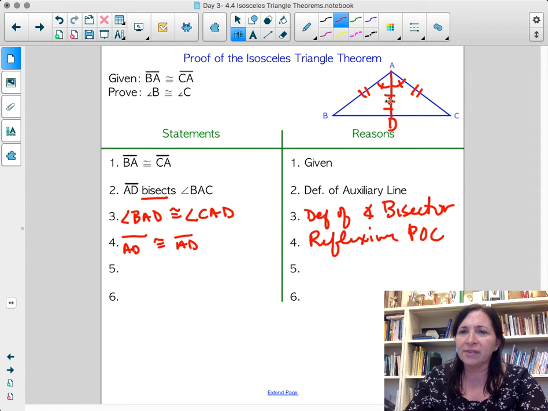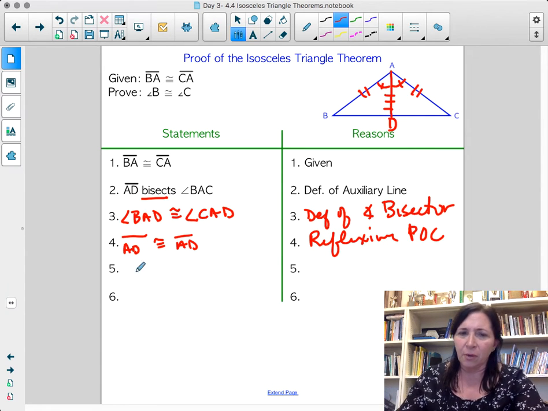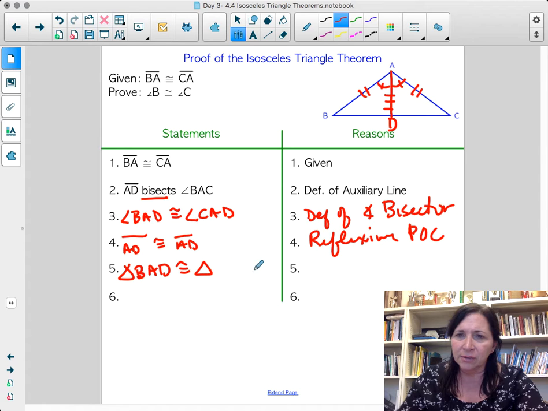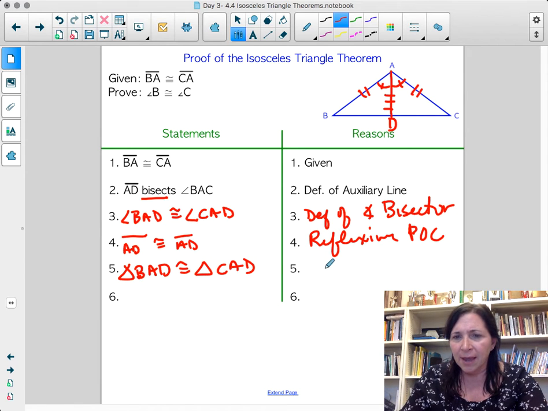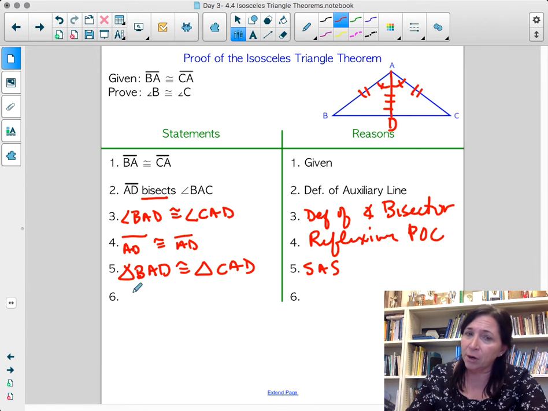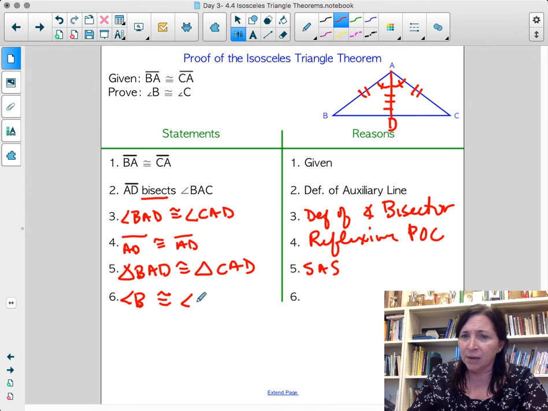And so now I can say these two triangles are congruent. If the two triangles are congruent, then their parts are congruent. So I can now say that triangle BAD is congruent to triangle CAD, and that's because of side angle side. And therefore, if my triangles are congruent, my parts are congruent, and I can now say angle B is congruent to angle C. And that's from CPCTC.